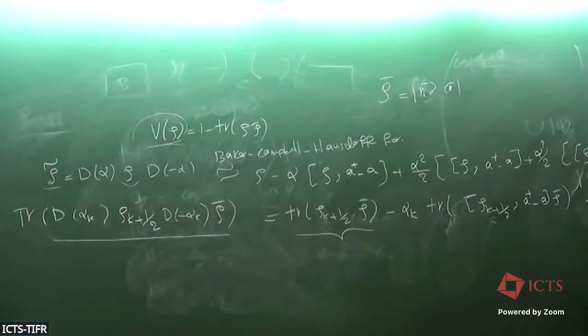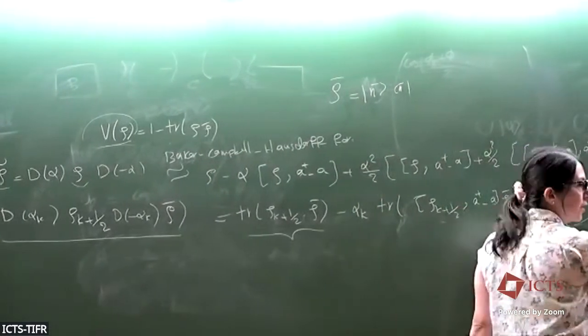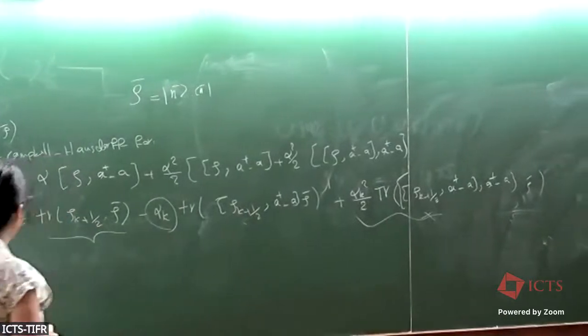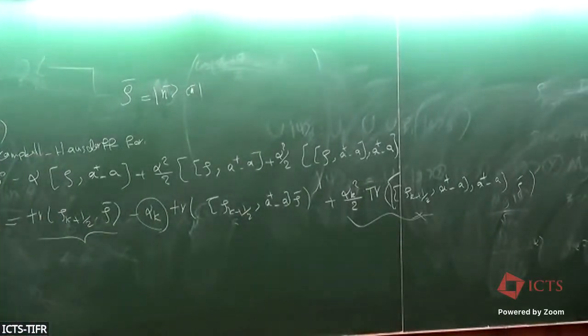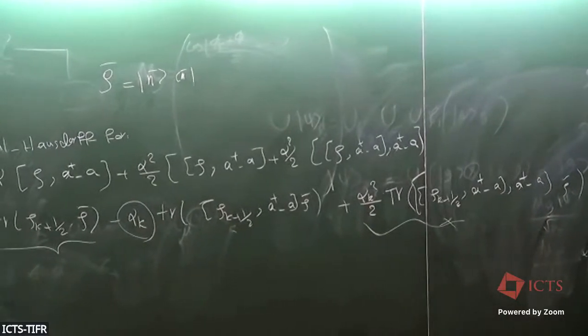So then, in order to do this, suppose alpha k is very small, so you can approximately ignore this term, and you will get alpha k times minus the trace rho k plus half a dagger minus a rho bar.